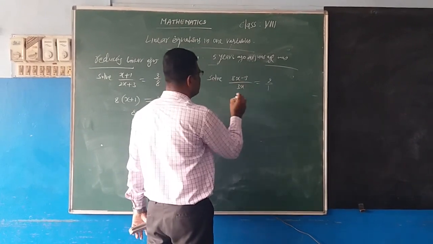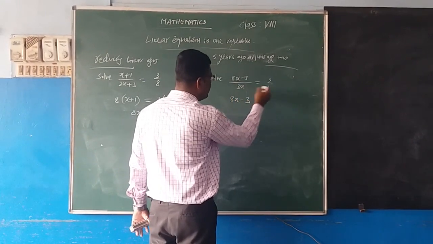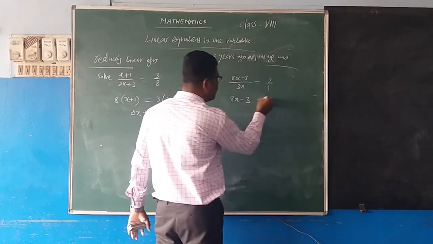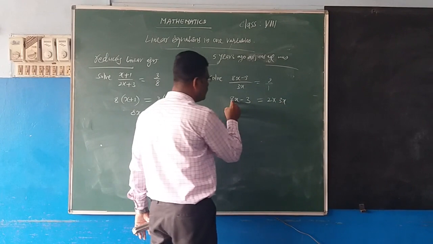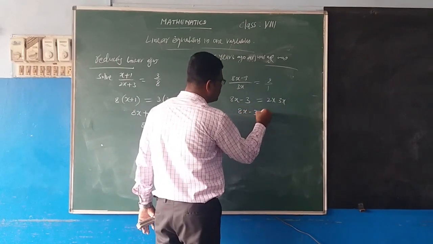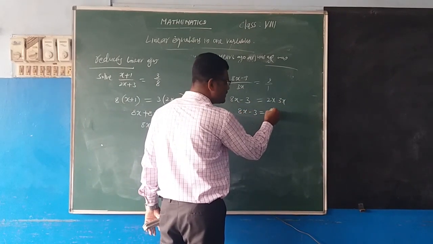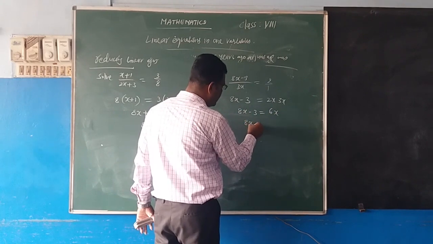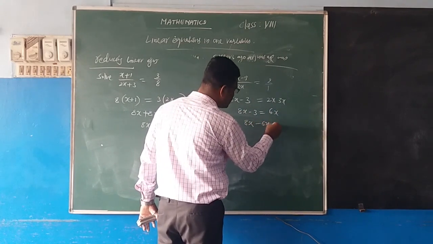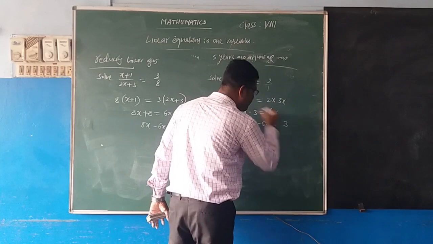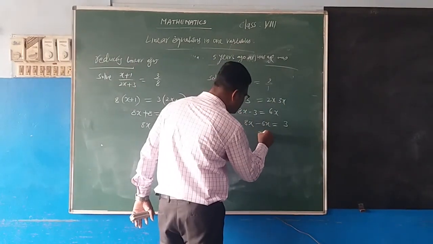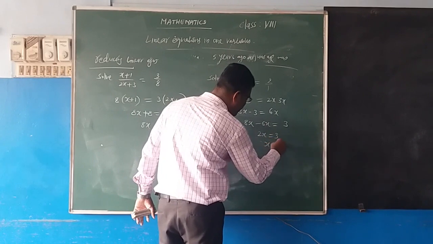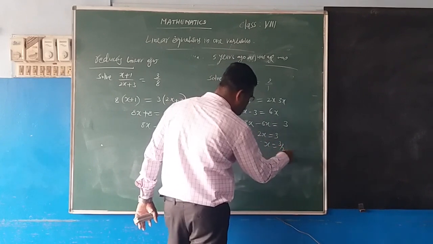Cross multiplication. 8x minus 3 into 1, and multiply by 1, value won't change. 2 into 3x. Or 8x minus 3 is equal to 2 into 3x, which is 6x. 8x, when 6x comes this side becomes minus 6x is equal to minus 3, goes that side plus 3. Or 8x minus 6x is 2x is equal to 3. x is equal to 3 divided by 2.